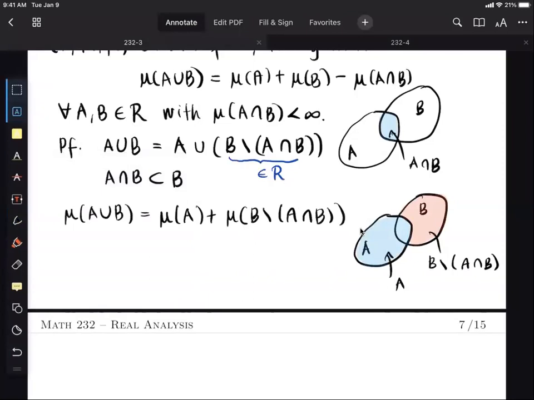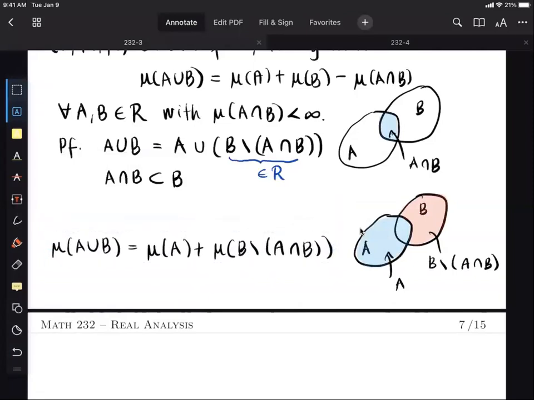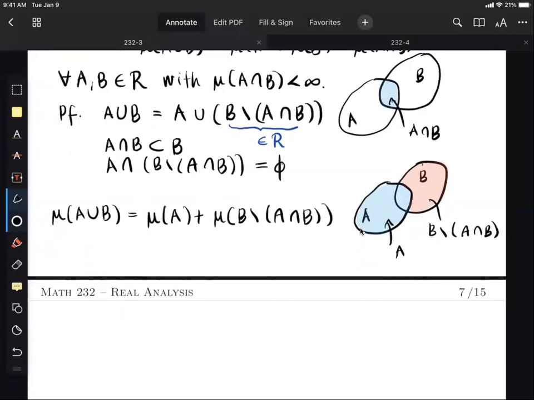Okay, so we would like to emphasize here as well that A intersection, B minus the intersection of A and B, is the empty set. So in other words, the two sets in this union are pairwise disjoint. Now, here we applied the additivity of a content.